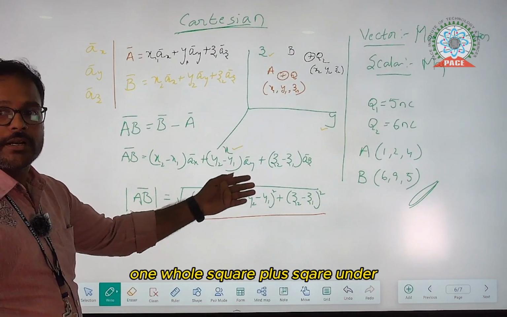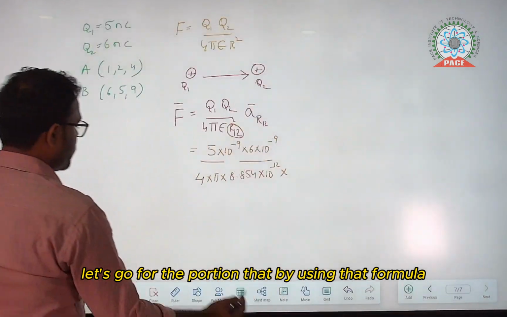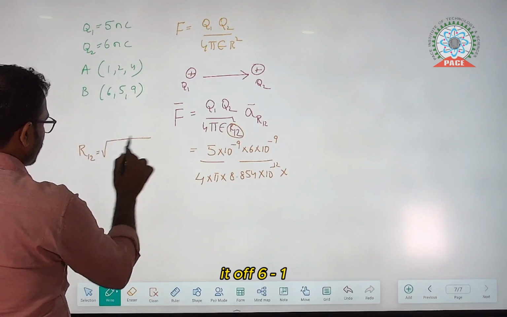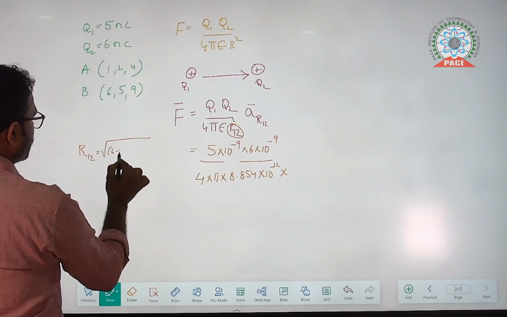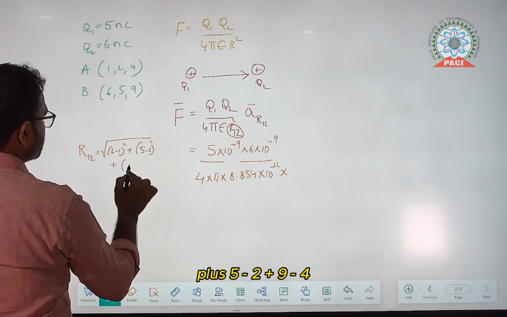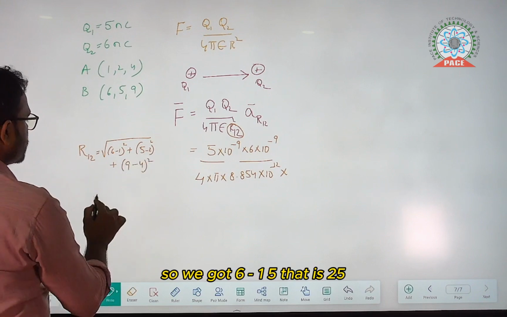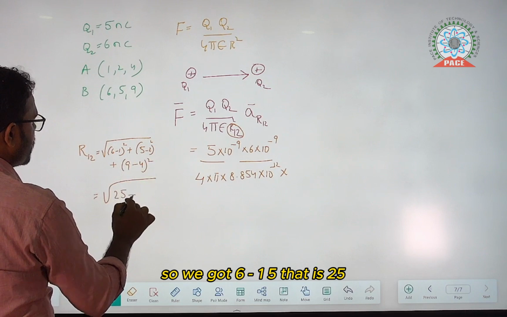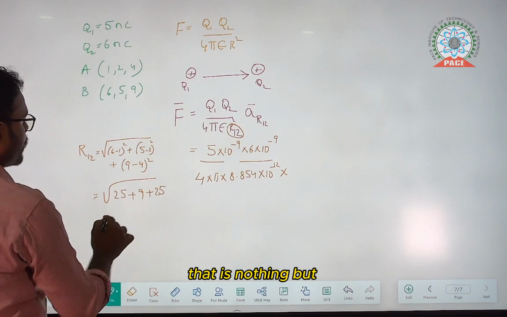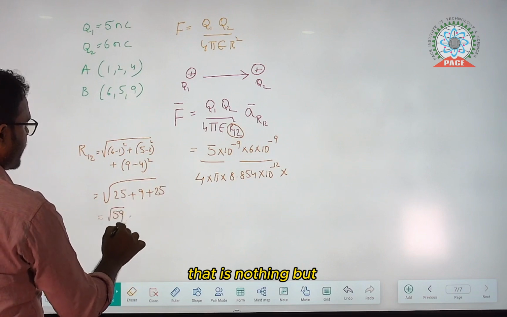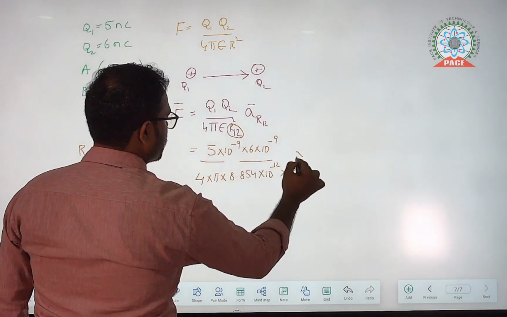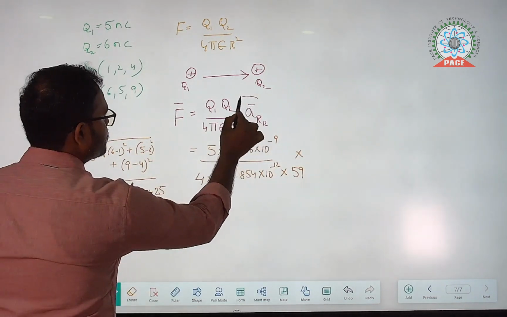By using that formula, I am calculating the distance r12: square root of (6 minus 1) squared plus (5 minus 2) squared plus (9 minus 4) squared. So 6 minus 1 is 5, that is 25. 5 minus 2 is 3, that is 9. 5 squared is 25. The square root of 59. You got the distance.